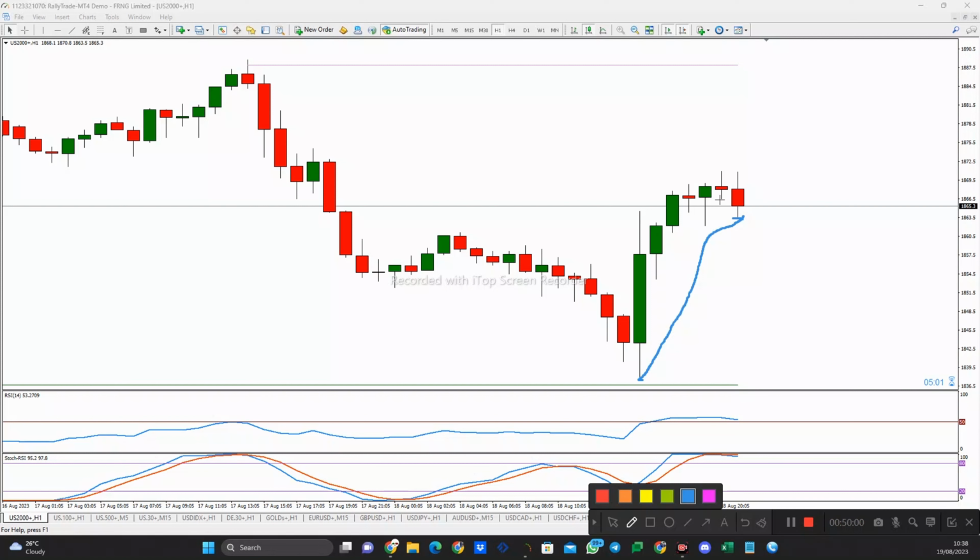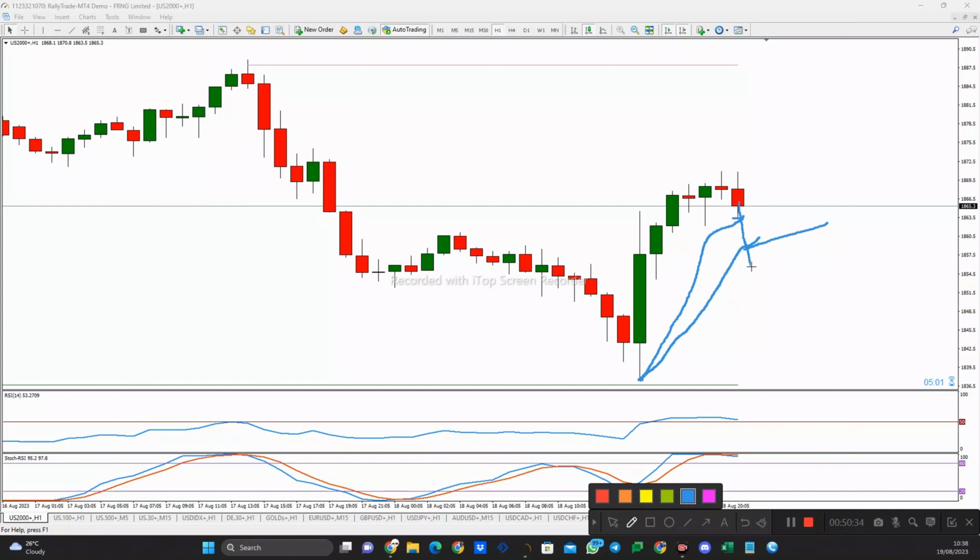Now it's possible that this candle might come down below here and start attempting to come back up. Let's assume this comes down here and starts coming back up. What I'm going to do is adjust my trend line, as long as this RSI is above 50. So I'm going to adjust my trend line to come down like this.